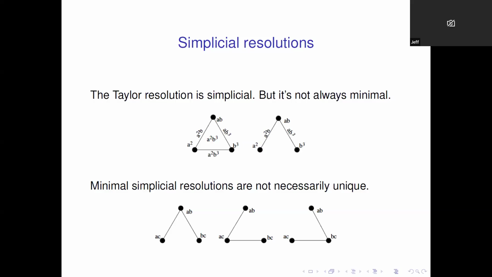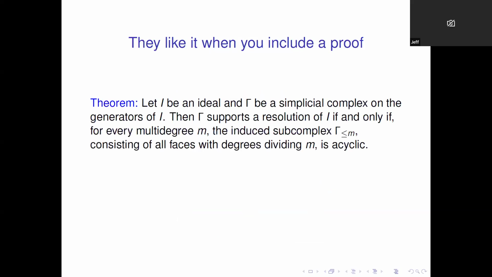So again, if we built the Taylor resolution, the interior triangular face would have multi-degree abc, as do all three of the sides. So we can delete the interior face and any one of the sides simultaneously, and that ideal has three simplicial complexes that represent its resolution.